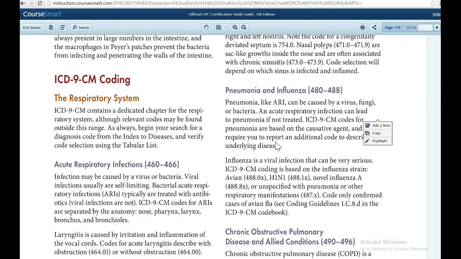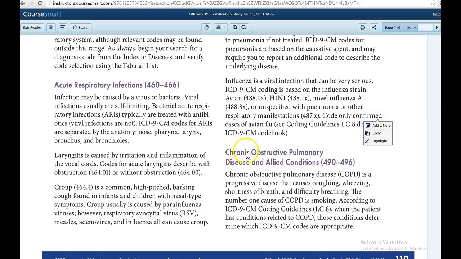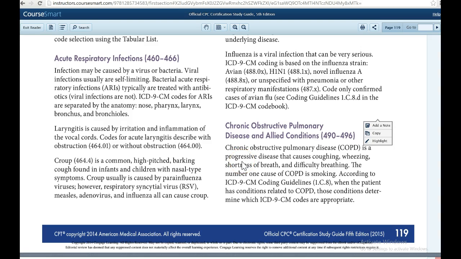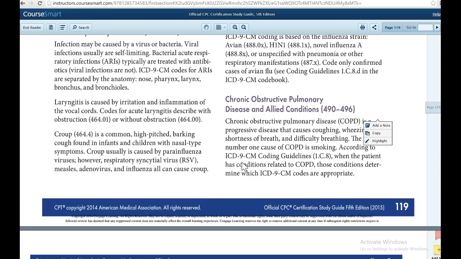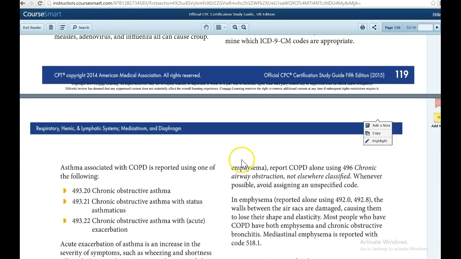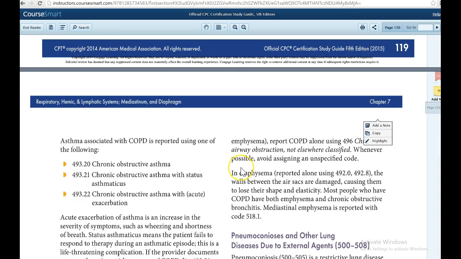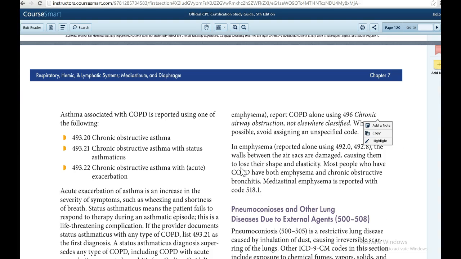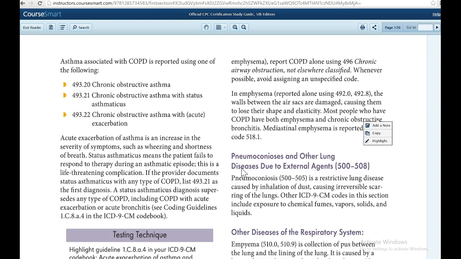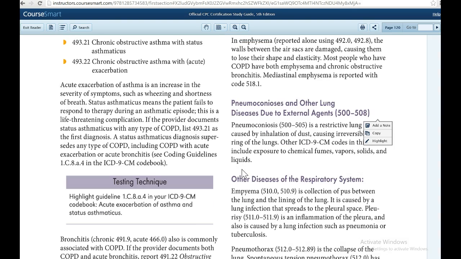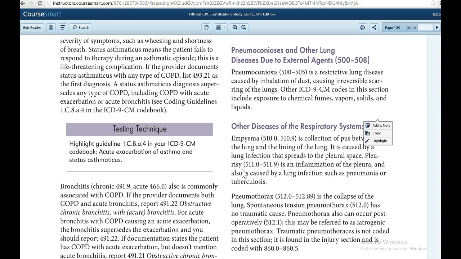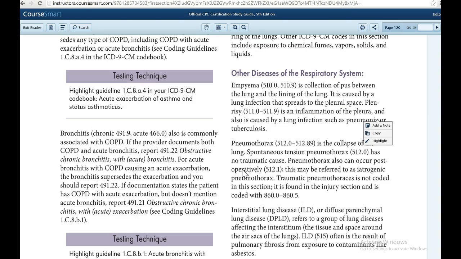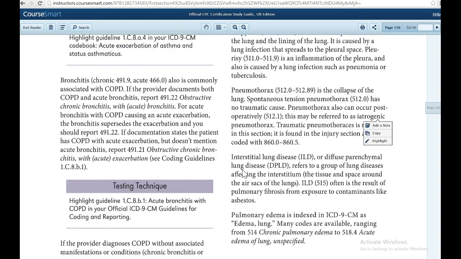Also, you all, the chronic obstructive pulmonary disease, knowing when to use what form of that diagnosis. Make sure you go back and read over this with that COPD and that asthma, because sometimes you will be able to use a combined code and you need to make sure that you know when. So that would definitely be some information that you would definitely put in your book, okay?